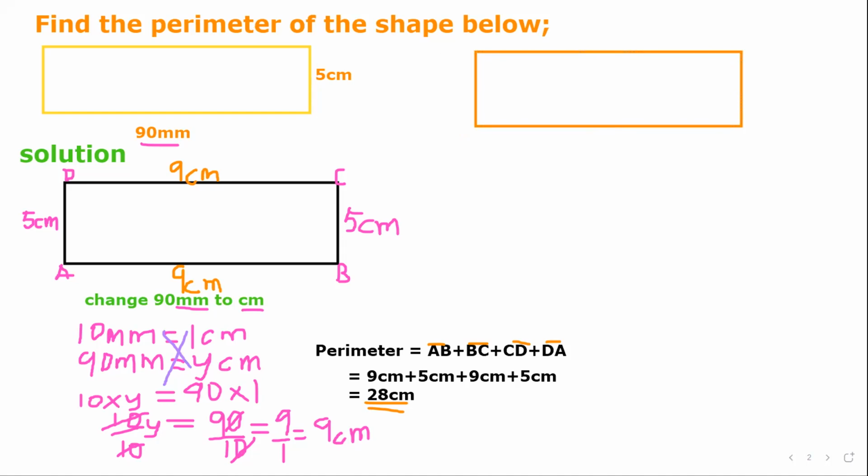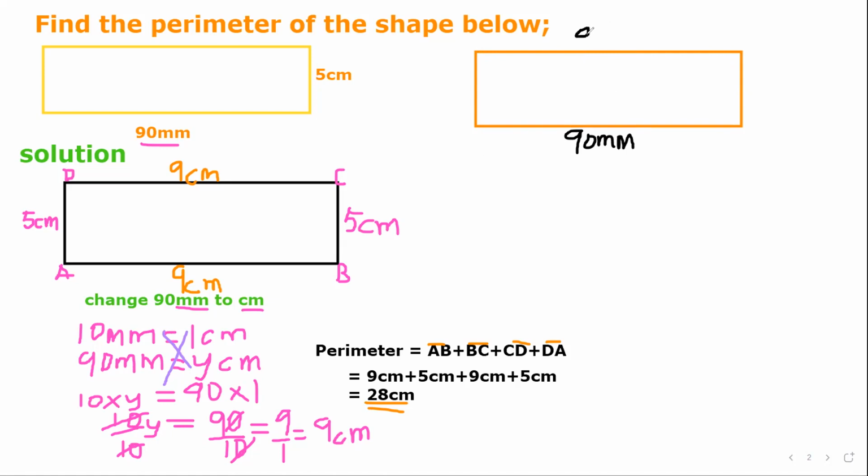Now let me write the dimensions here. Because we want to calculate them in what? In millimeters, we will maintain this one. So here is 90 millimeters. The opposites are also the same.